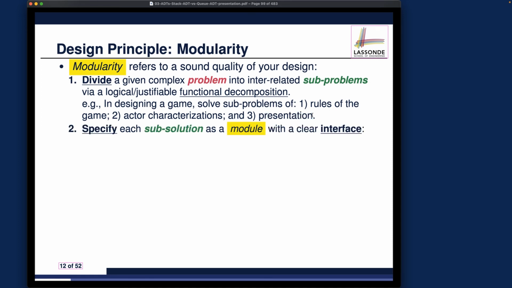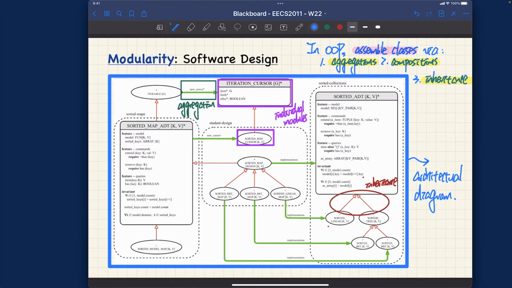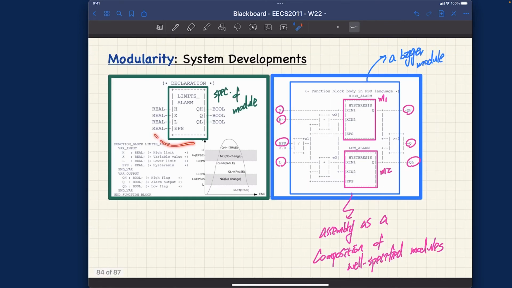The second step: once we have individual sub-problems decomposed from the original big problem, we want to specify the solution to each sub-problem. That's why I call it a sub-solution. And the sub-solution should be a module, right? Let me just remind you, a module can be a single class, or it can be just a single function block.